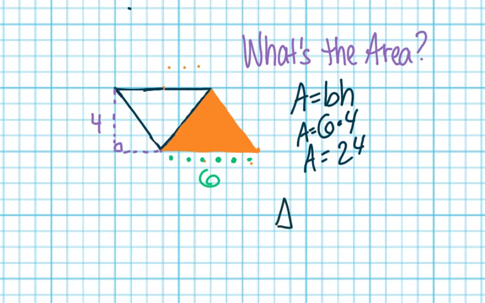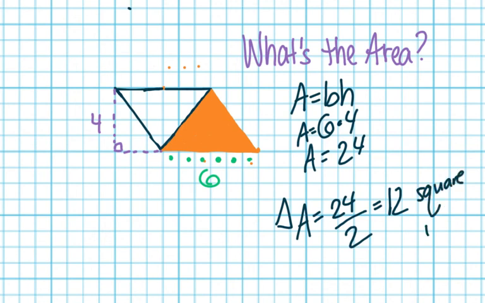And to find the area of the triangle, we simply half it, because the triangle is made of half of the rectangle. It's 12 square units for 24 divided by 2. Of course, it is totally coincidental that I made 2 different parallelograms and 2 different triangles, and they both got 24.